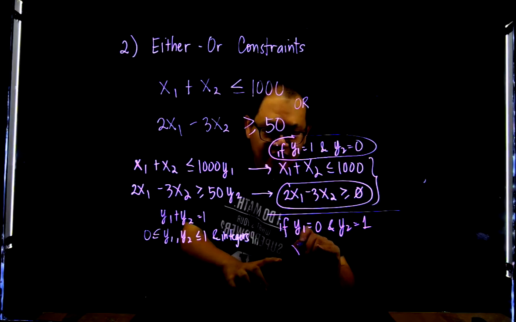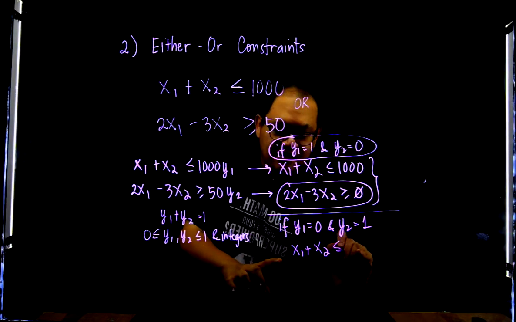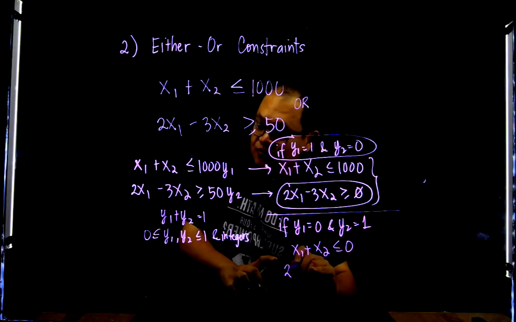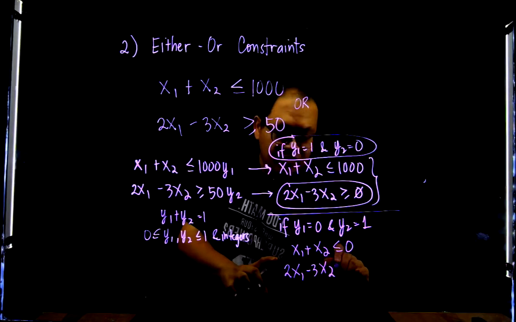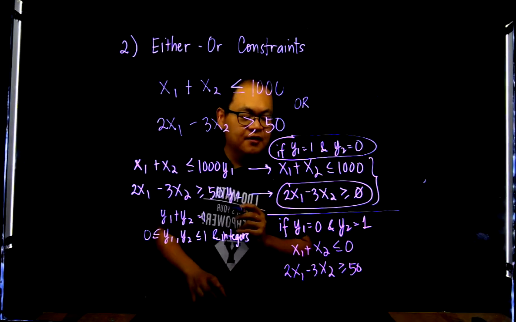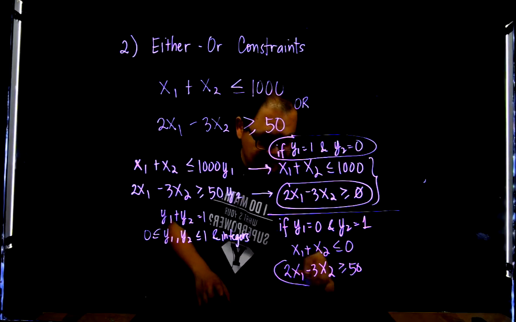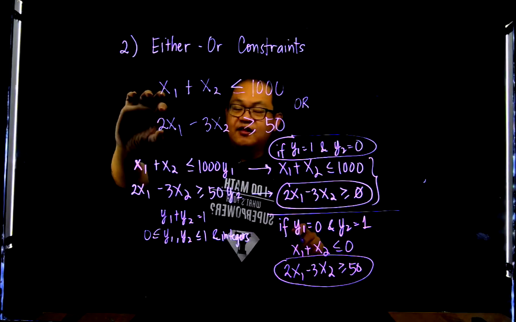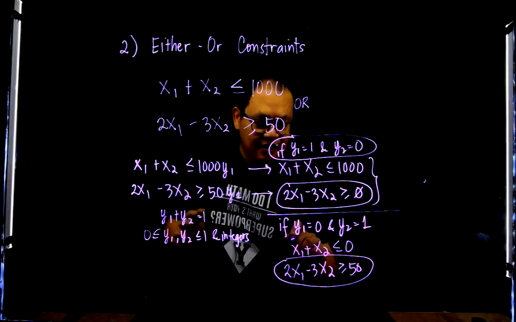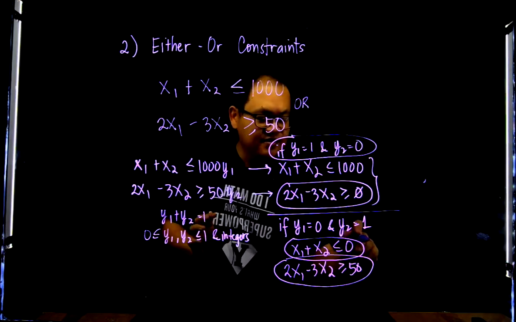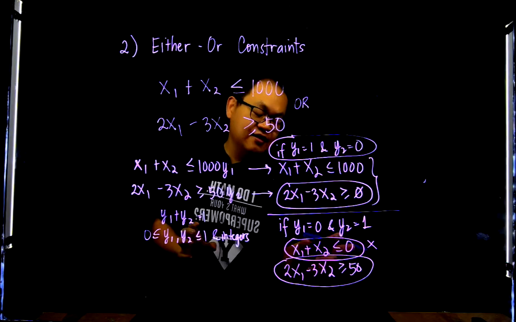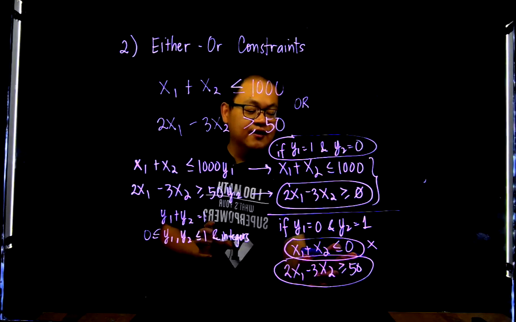You have x1 plus x2 less than or equal to 0. You have 2x1 minus 3x2 greater than or equal to 50. Yes, this constraint is present in the original problem, but this first constraint is the problem. This is technically a new constraint that was added.